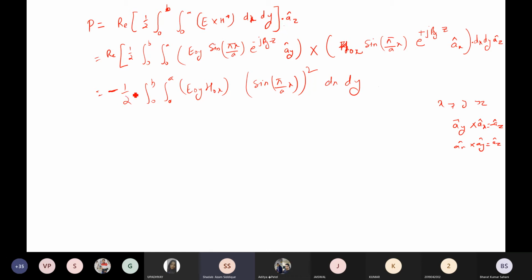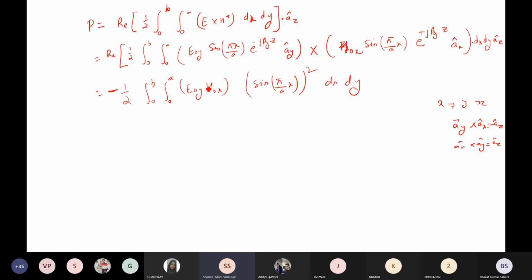Keep in mind, I'm writing sine pi by a x whole square, and this term will be vanished out, because this is not directional. This is simply a magnitude quantity. So that will be multiplied and it will be vanished out. E to the power 0, that will be vanished.